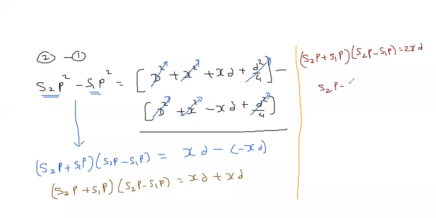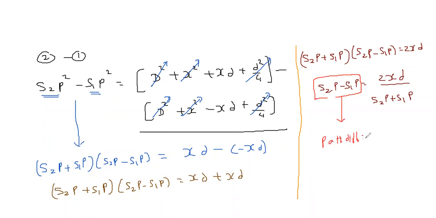So S2P minus S1P is equal to 2XD by S2P plus S1P. We know very well what this is? Path difference. So path difference is equal to 2XD by S2P plus S1P. Till this, you can ask me any doubt.